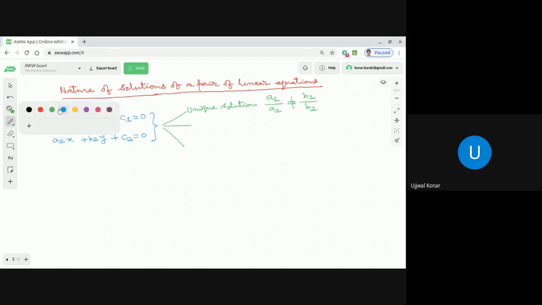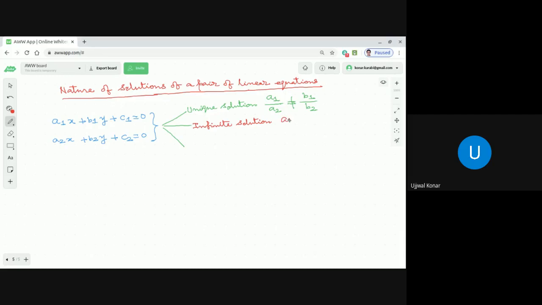Then the next point is when it is going to have an infinite number of solutions. Let me use a different color. Infinite number of solutions if a1 by a2 is equal to b1 by b2 is equal to c1 by c2.